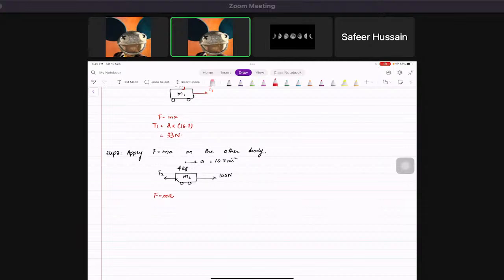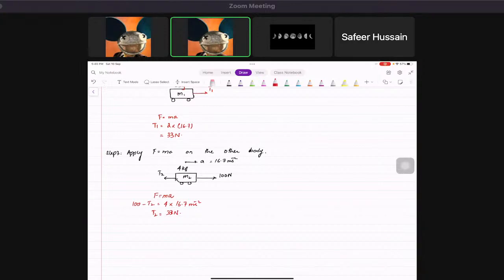To find the resultant force, you do 100 minus T2 equals 4 kg times 16.7 meters per second square. If you work this out, T2 will also be 33 newtons. It would be the same, not different.